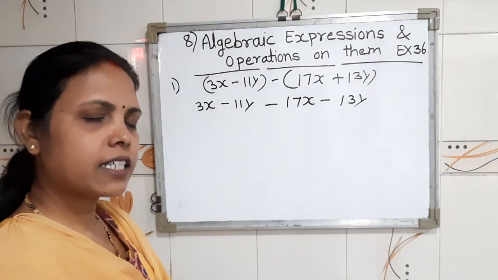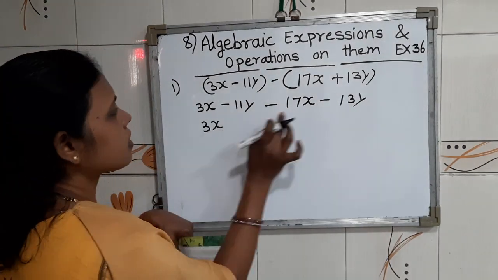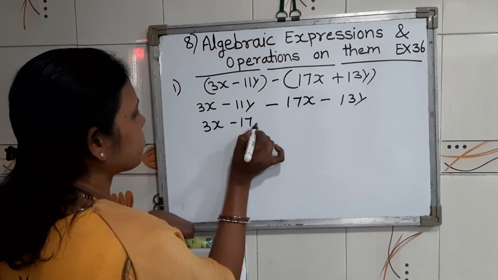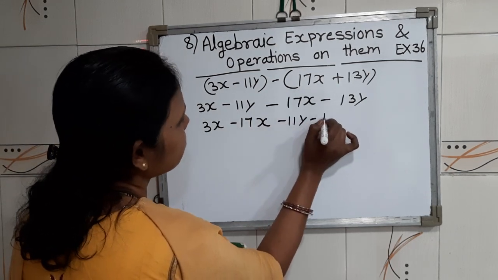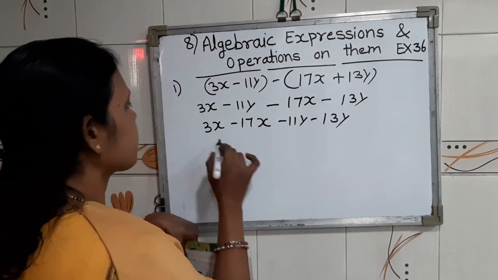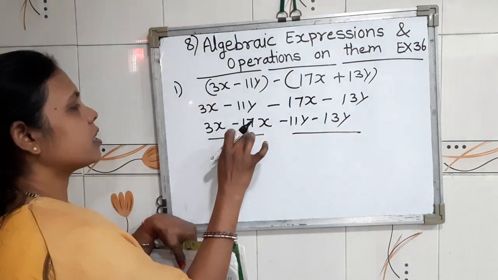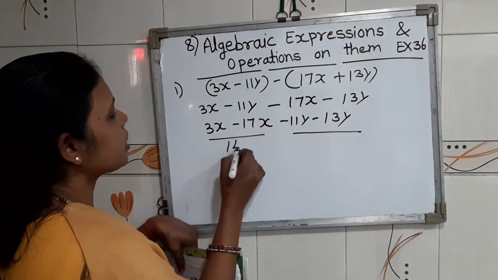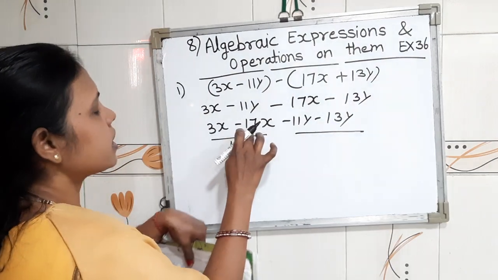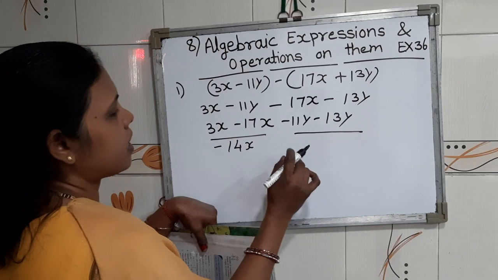After that, like terms we will write with like terms: 3x minus 17x, minus 11y minus 13y. Here 17 is the greater number. 17 minus 3, answer is 14x. 17 is carrying a minus sign, therefore the answer has a minus sign.